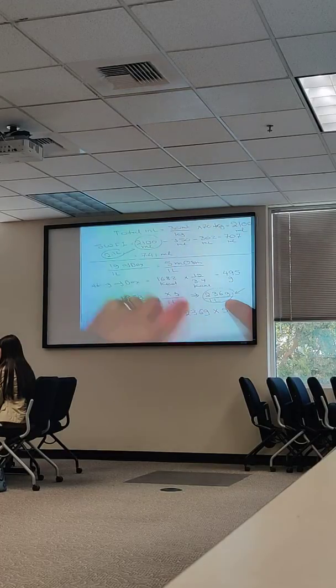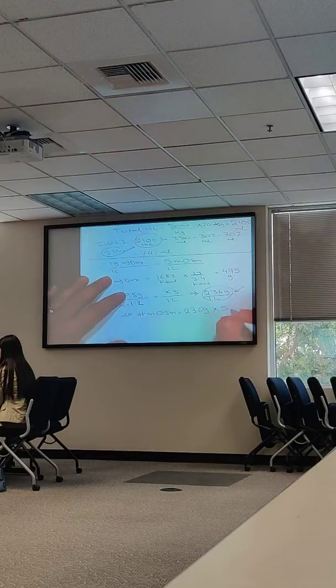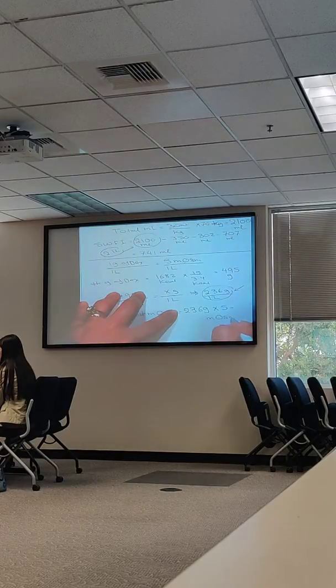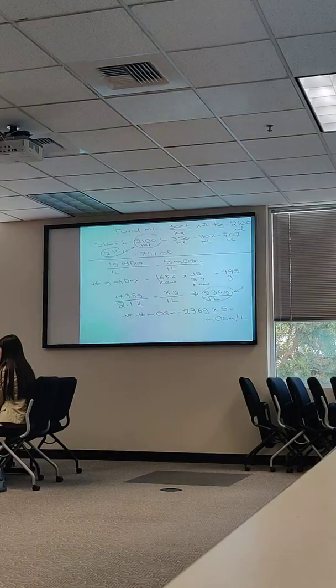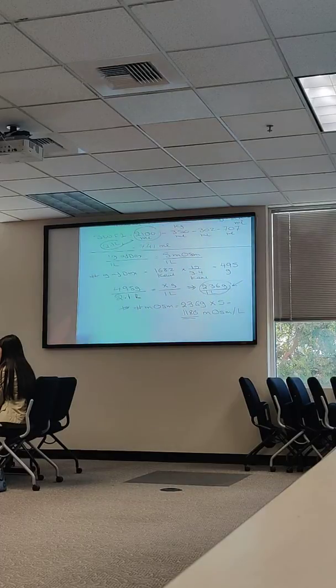How many milliosm per liter? I'm just going to multiply by 5, and that gives you the number of milliosms per liter. So how much? 1180 milliosmolar from dextrose by itself.